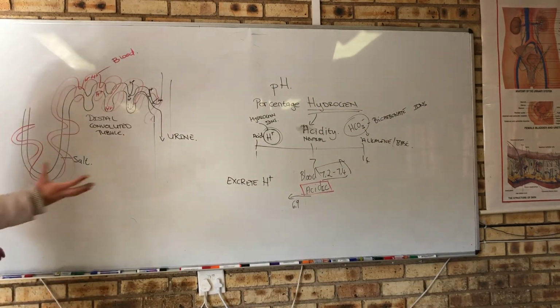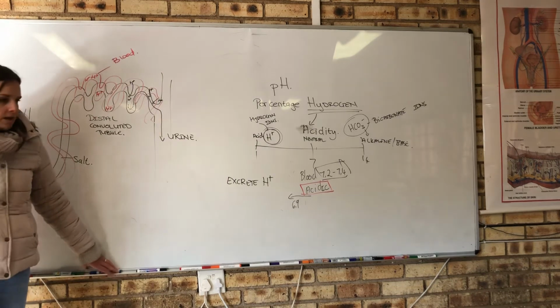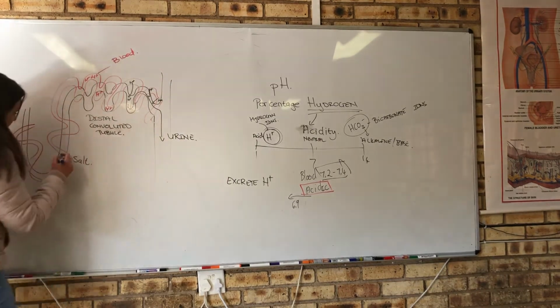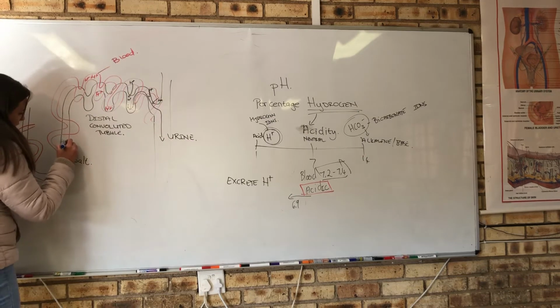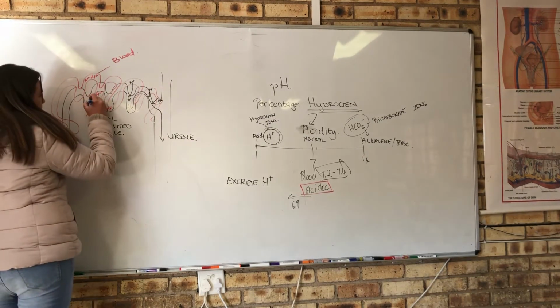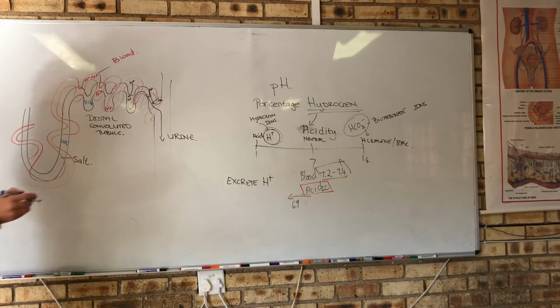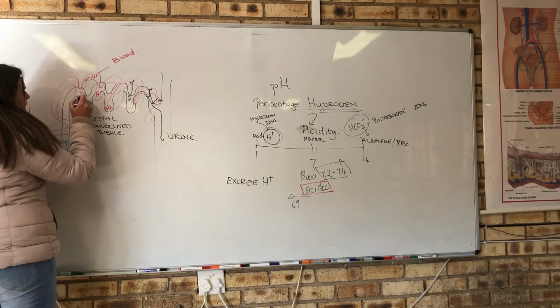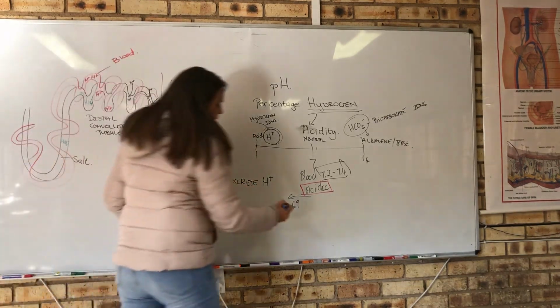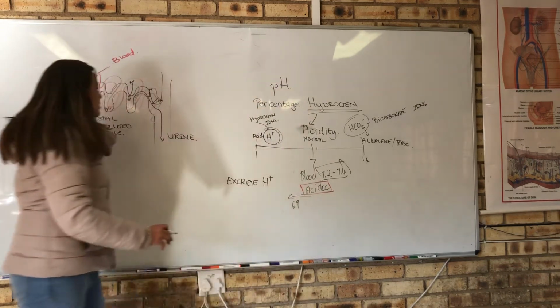We can also reabsorb, in other words, take back, bicarbonate ions. Because in here, we have some bicarbonate ions, HCO3 minus, that got filtered right at the beginning. We can reabsorb that to make the blood more alkaline, to push it onto the alkaline side.